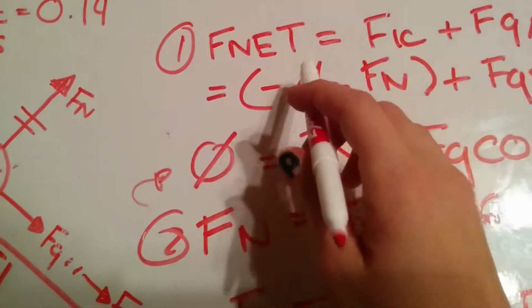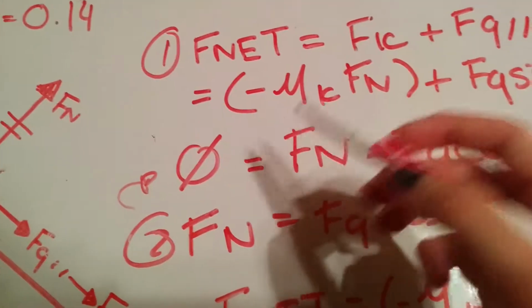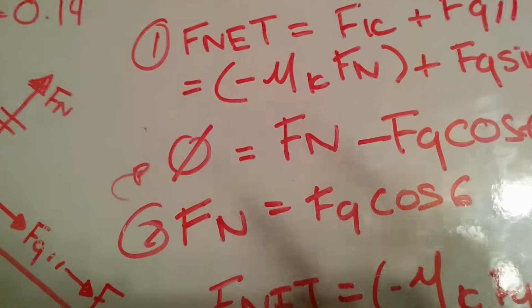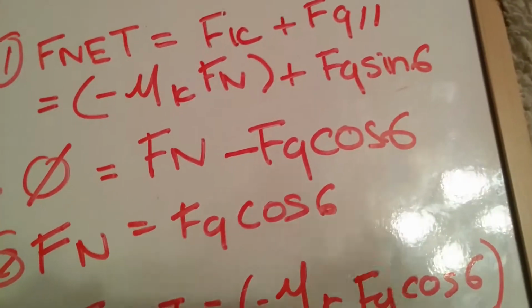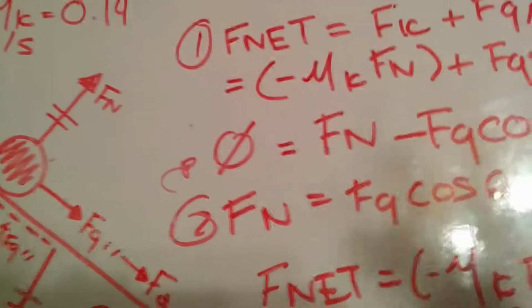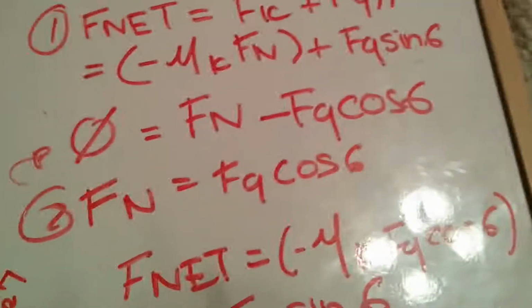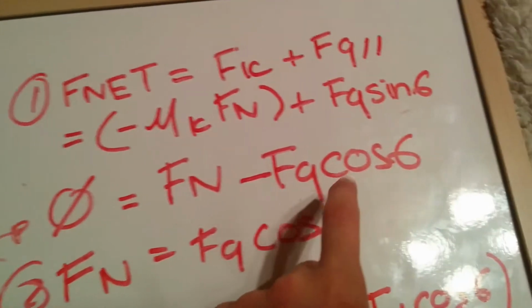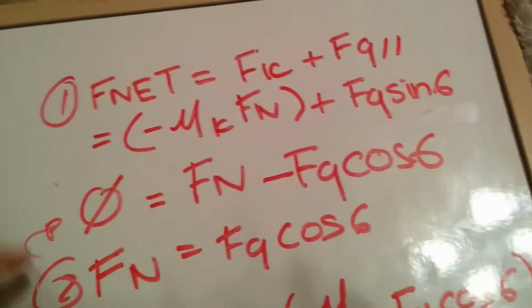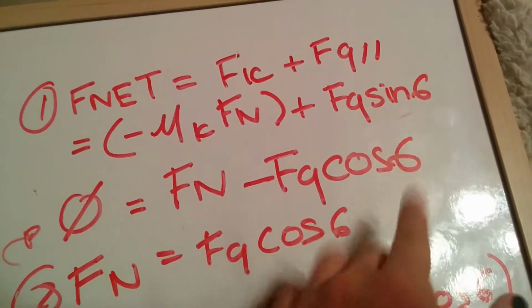And we'll expand on this a bit further and say that the negative coefficient of kinetic friction multiplied by the normal force, added with the force of gravity sine of 6, will be equal to our F net. And for the vertical net force, we know that the normal force acting on the sled is going to balance out and become zero when we subtract it.